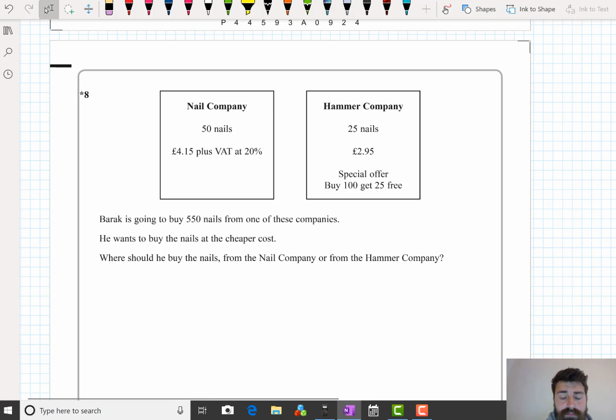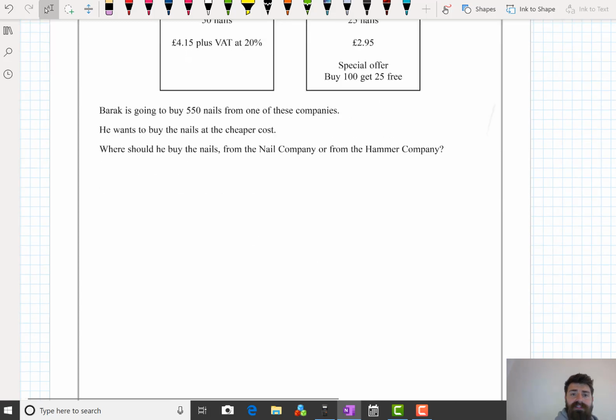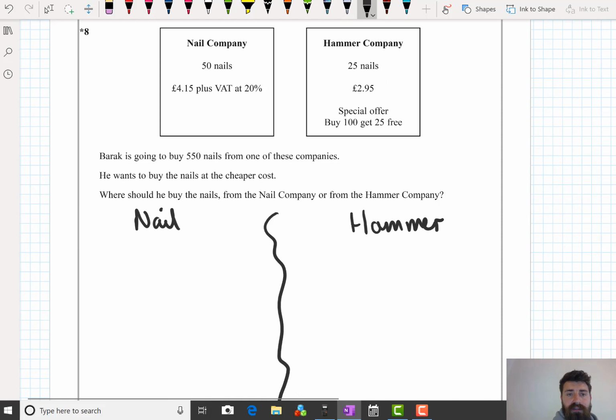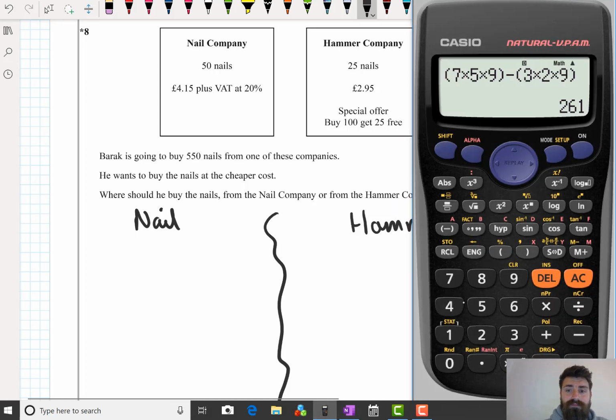550 nails. Right, so you've got the nail company, you've got the hammer company. So nail company, hammer company wants 550. Right, so first of all, this one here is £4.15 per 50 nails, but you've also got to pay VAT, because it says plus VAT at 20%. Now, if you think about it, if you've got 100% of the price and you're adding 20% on, in total you've got 120%.